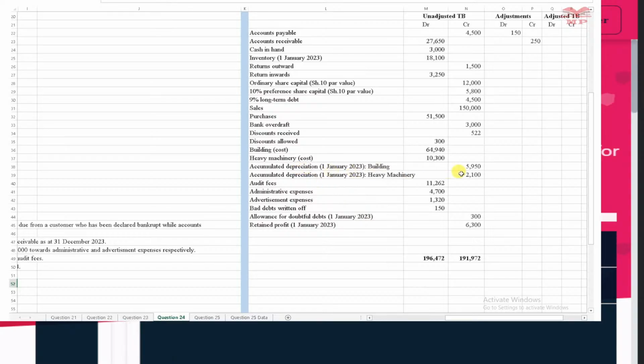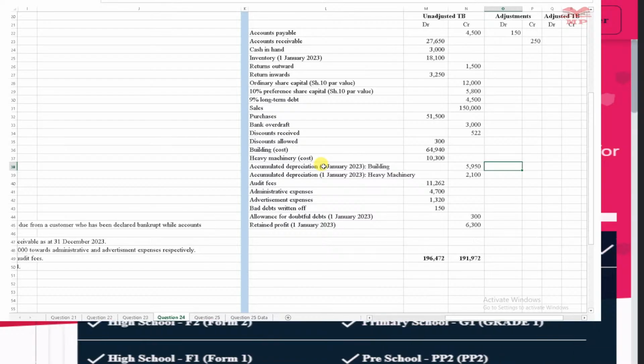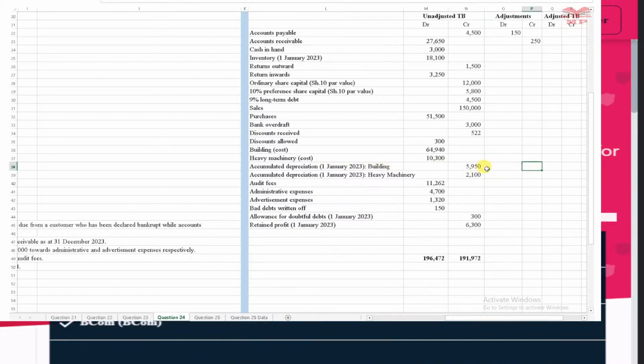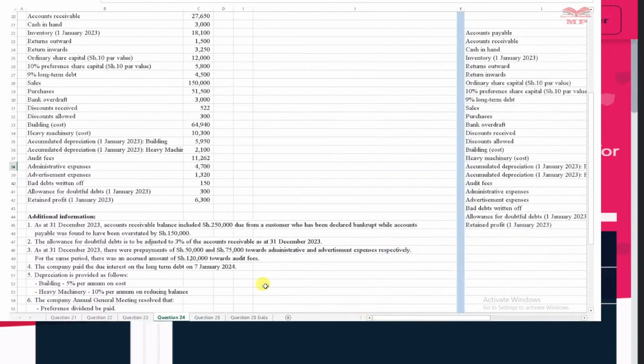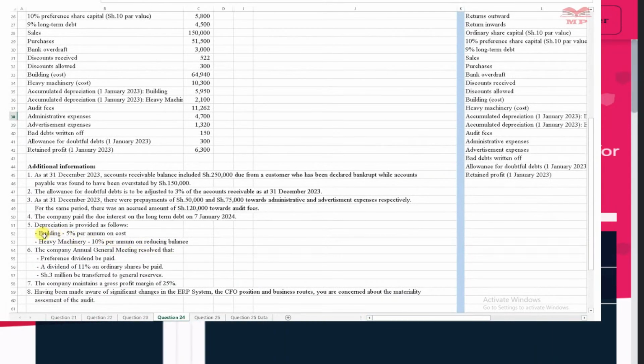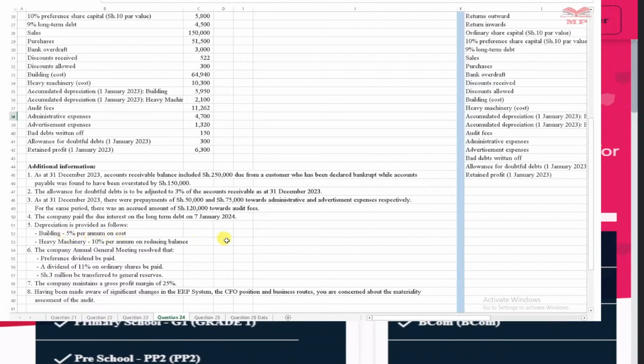So we have right here the adjustments for accumulated depreciation. And we are saying that accumulated depreciation is going to be credit right over here. So it's going to be 5%. Where are we getting the 5% from? We are getting the 5% from here. Depreciation was provided as follows. Building 5% per annum on cost. So where is the cost value?